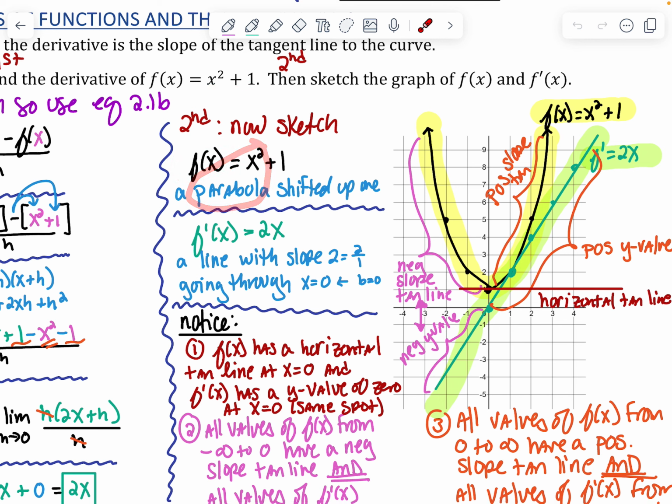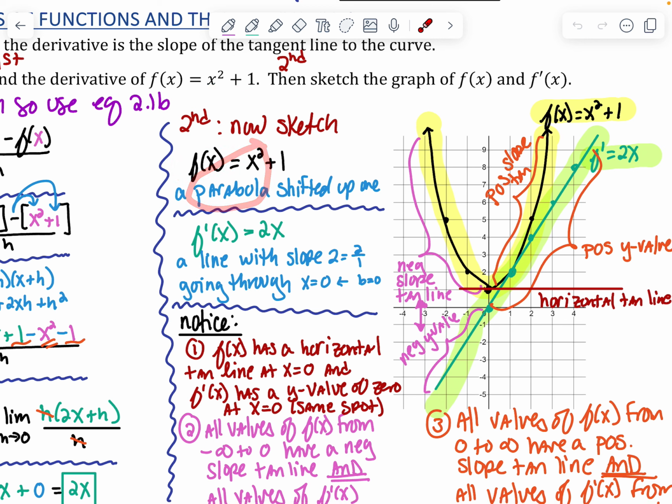And if you look at all the functions of the original graph highlighted in yellow, and you're just looking from negative infinity to 0, just this left half of the graph, you'll notice that this graph is decreasing in this region, meaning all of these tangent lines have a negative slope.